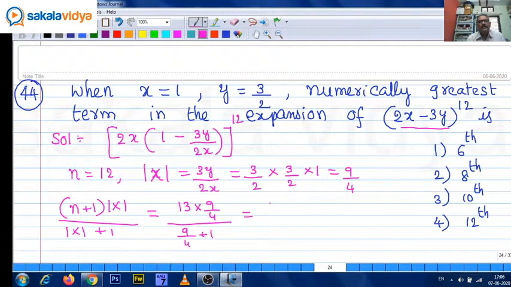This is 117 upon 13. 13 9s are 117. That means we have the 9th term, or 9 plus 1, the 10th term. So third option is the right option.